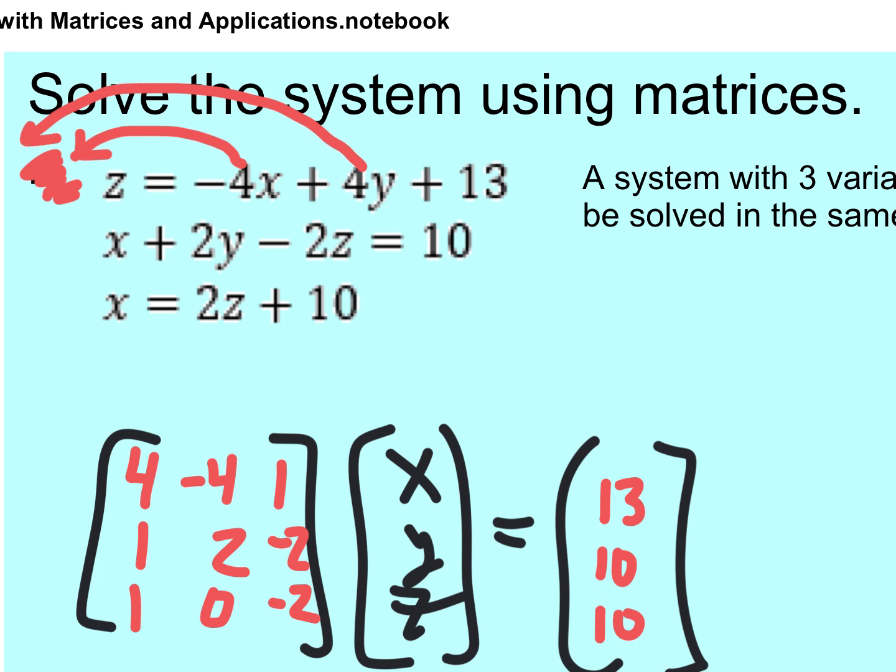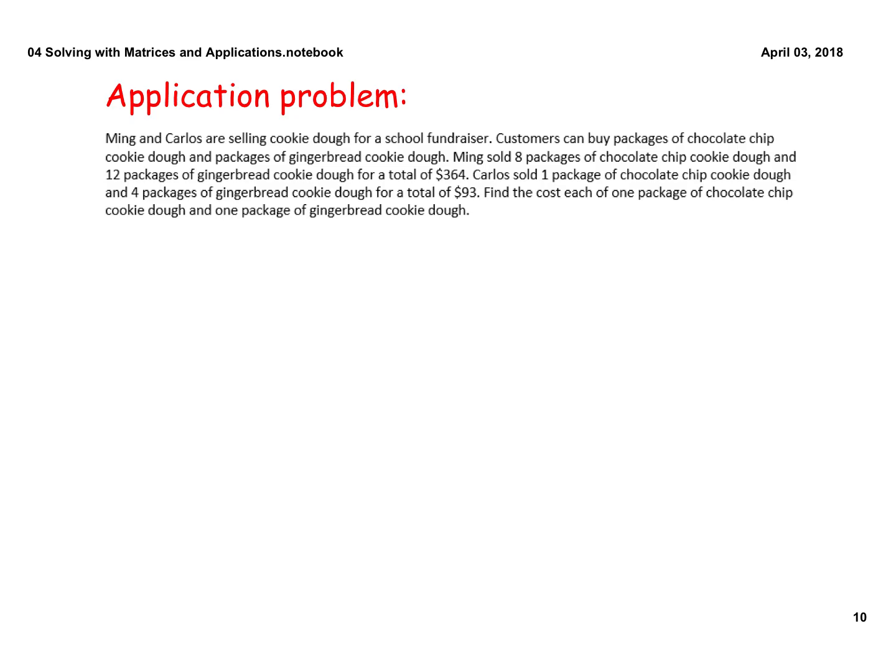And when you move them over, you're really adding 4x to both sides. They're going to become the opposite sign of what they used to be. This 2 had to move over to the other side. That's why it became -2 down here. Okay? All right, cool. You know everything that you have to know.